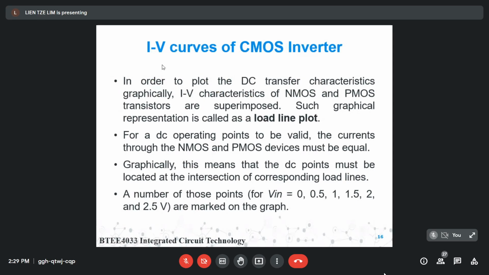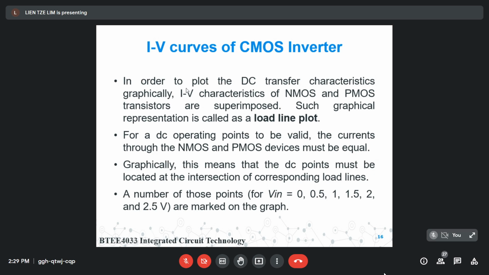IV curve of the CMOS inverter. This is about plotting the current, the current versus the output voltage. In order to plot the DC transfer characteristic graphically, not the input, this is current.